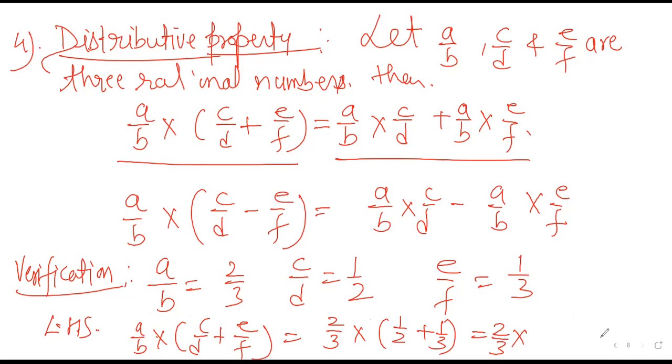If you simplify the bracket, 6 will be the LCM: 2 threes are 6, 3 ones are 3, plus 3 twos are 6, 2 ones are 2. That is 2/3 into 5/6. Simply cut down: 2 ones are 2, 2 threes are 6. So you will get 5/9, that is your left hand side.